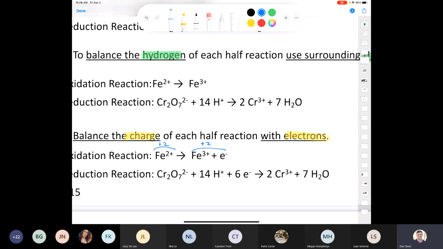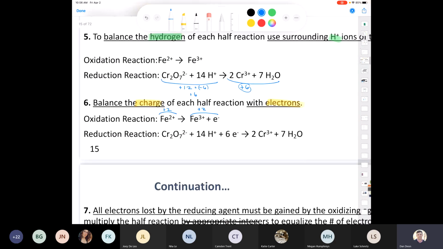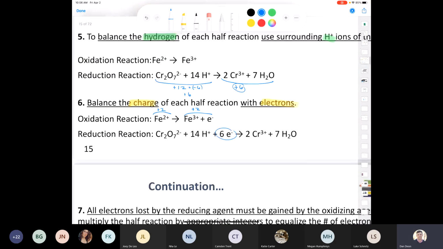If we look at the next reaction, we have 2 times 3 plus, so that's +6 over here. Here we've got 2 minus plus 14 plus, which gives you +12. So +12 and +6 aren't balanced. I need to add 6 negatives, a -6, to give me +6, which is the same as this. Where do I get negative from? From electrons. So I need to add 6 electrons to this side.